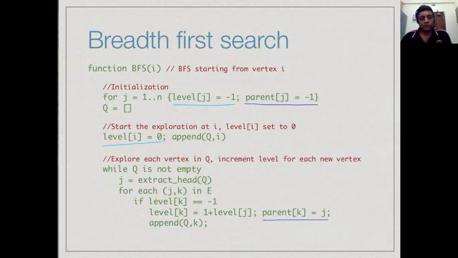So if its level is -1, it means it's not visited. Level -1 means not visited, which is the same as visited k is 0 in our earlier version. And if so, we adjust the level of k to be one more than the level of j from which it was visited. And of course, we set the parent as before.